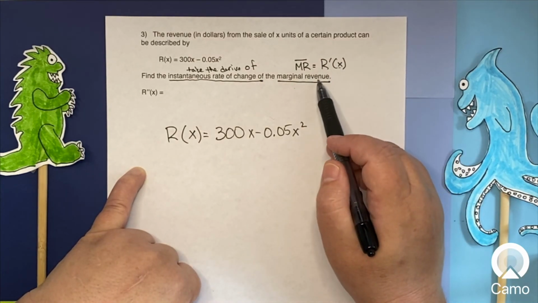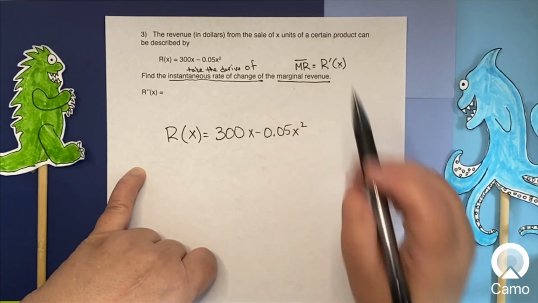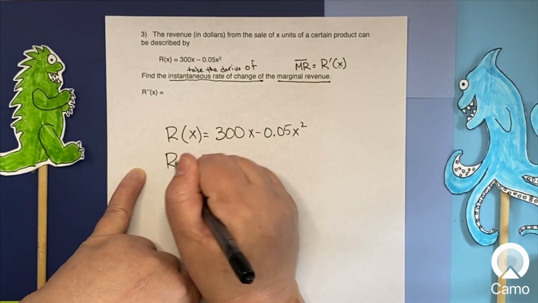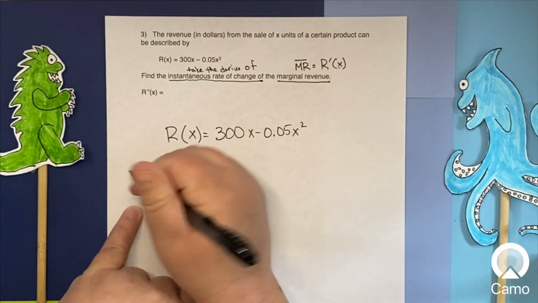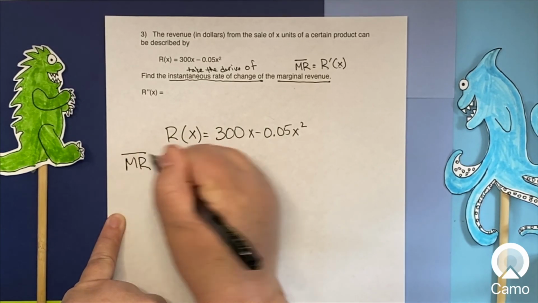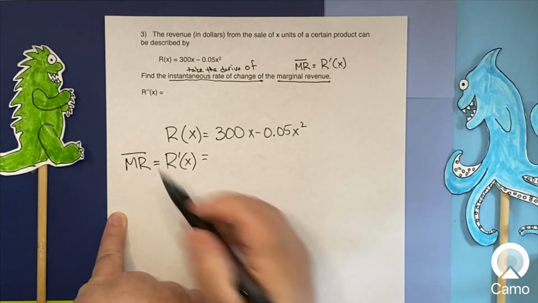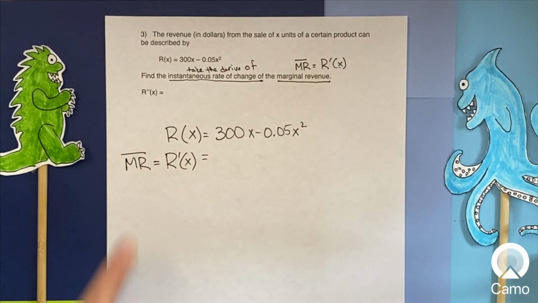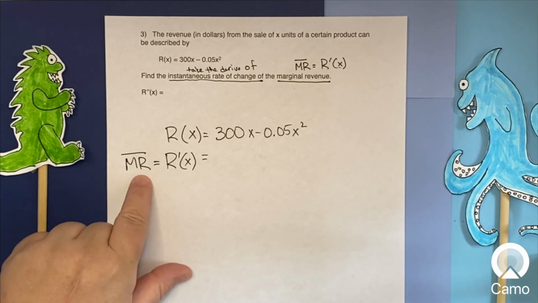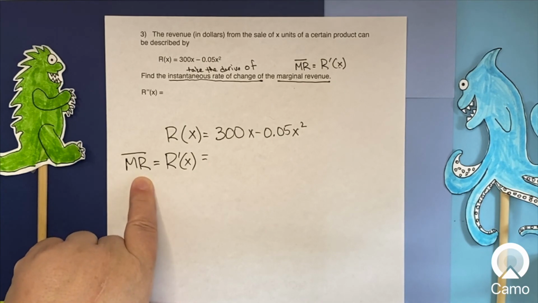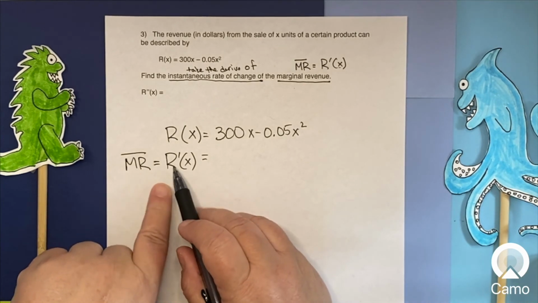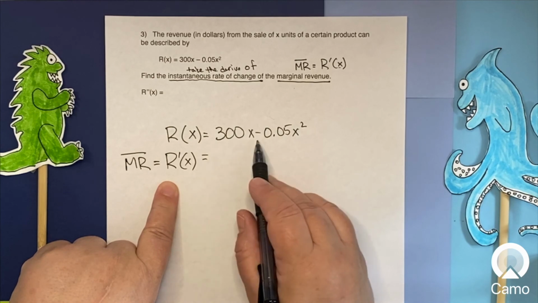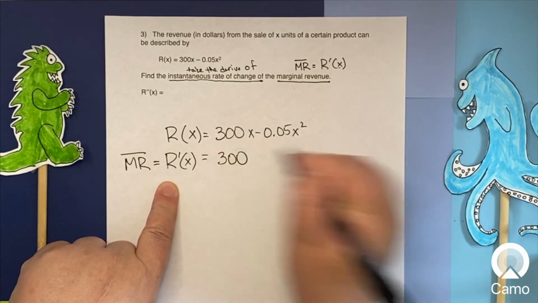And I think this is universal, but I'm not sure. So those of you who've done more business classes, I tended to stay on the economic side of things, so I don't know. I think this is pretty universal for marginal revenue. Is the first derivative, so that's 300x becomes 300. And then this one minus 0.05 stays there, the 2 comes down, and we subtract 1, right? That's the exponent rule. So we get 300.